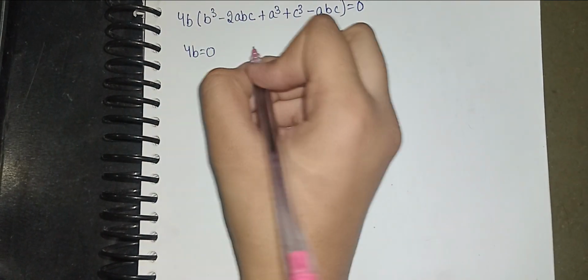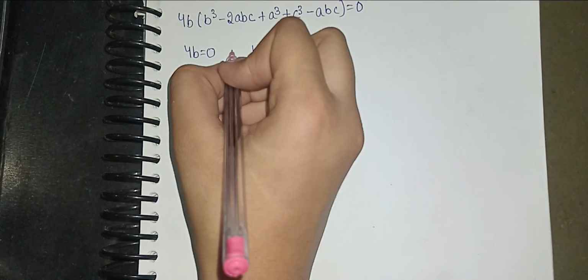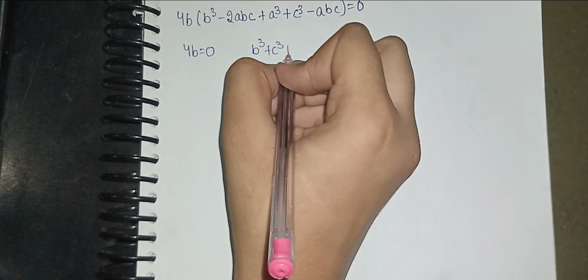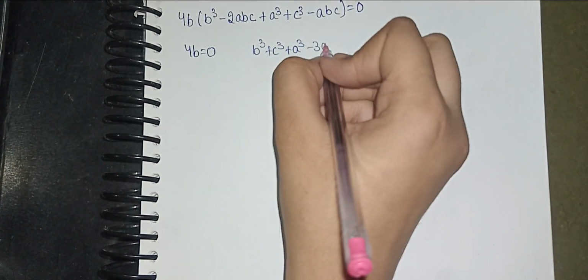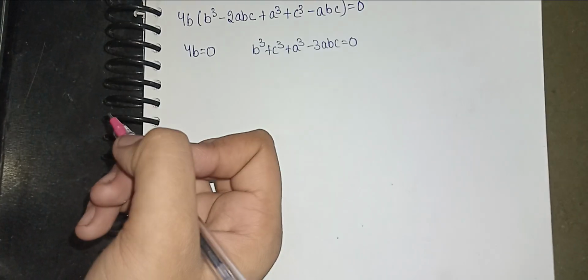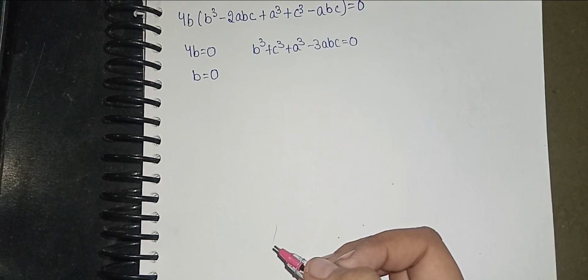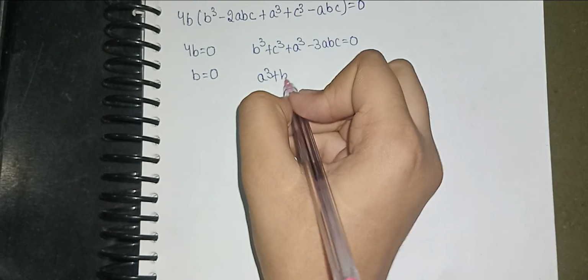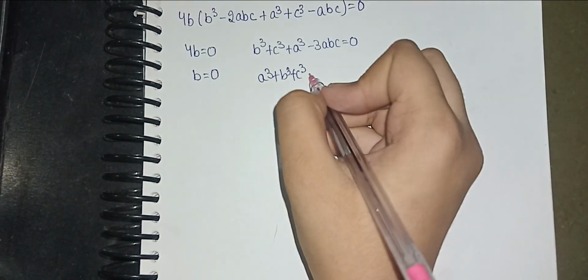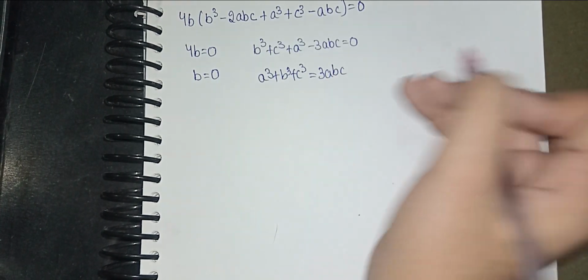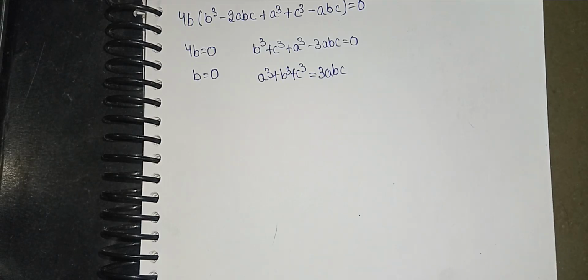Here there will be two cases, 4b equal to 0 or b cube plus c cube plus a cube minus 3abc is equal to 0. Here b is equal to 0 or a cube plus b cube plus c cube is equal to 3abc. This will be the conditions. Now we'll move to next question.